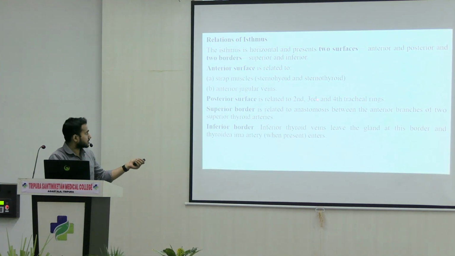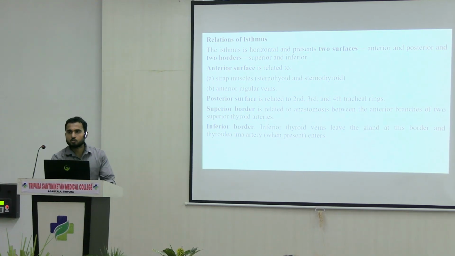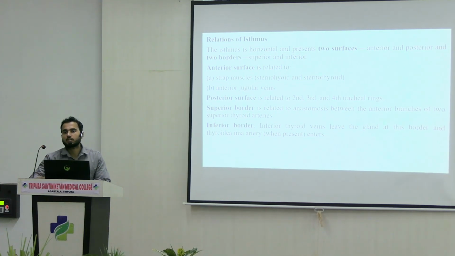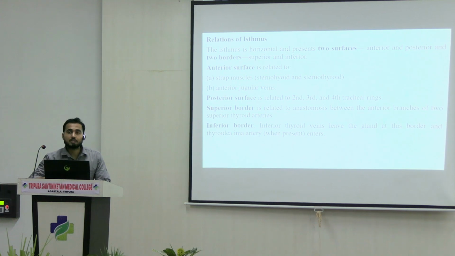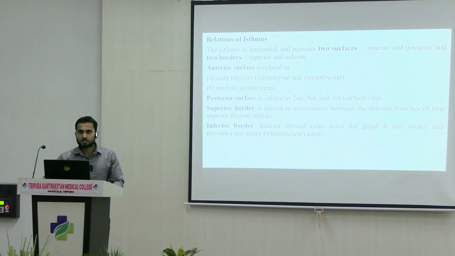Already I have told you. Next, the superior border: I have shown you, there will be anastomosis between the two branches of the superior thyroid artery. And the inferior border: the veins which are leaving the thyroid gland mainly arise from the inferior border of the isthmus, and along with that occasionally an artery is present, called the thyroidea ima artery. In some cases it is present.